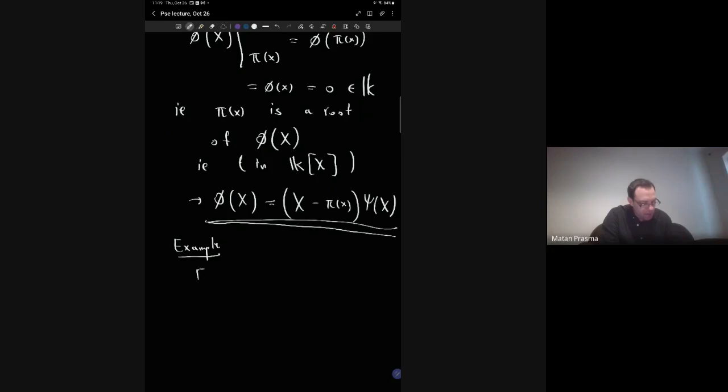All right, so take the field F to be the real numbers, and take the polynomial phi to be x squared plus 1. Then phi is prime because it doesn't have any root in R. And now I consider polynomials over the real numbers modulo x squared plus 1.